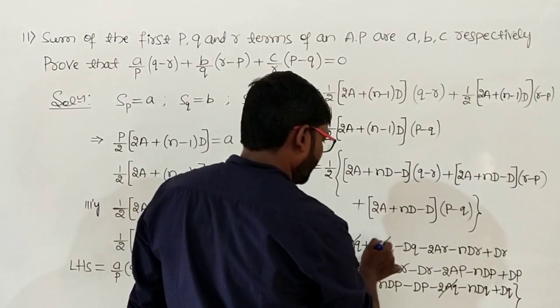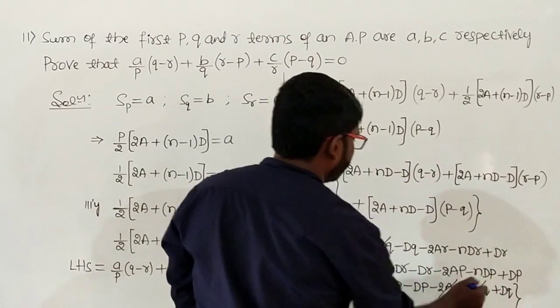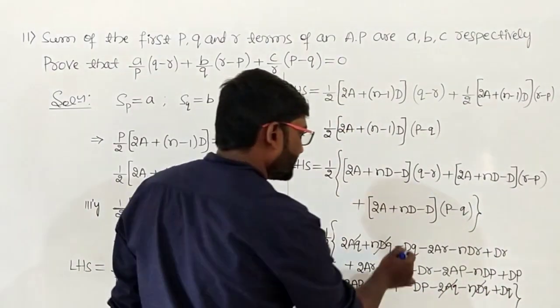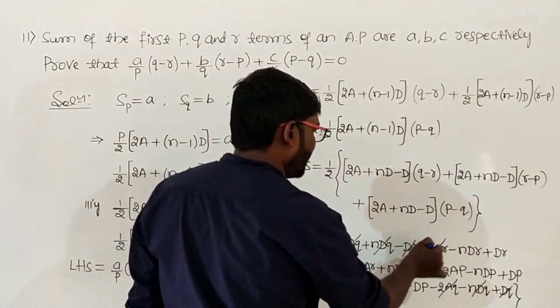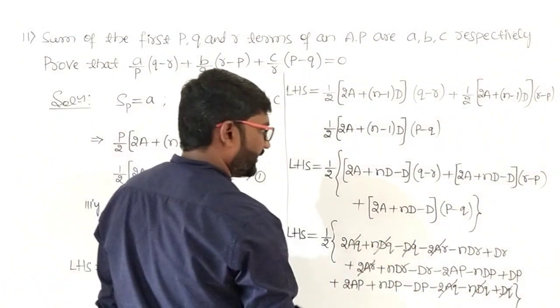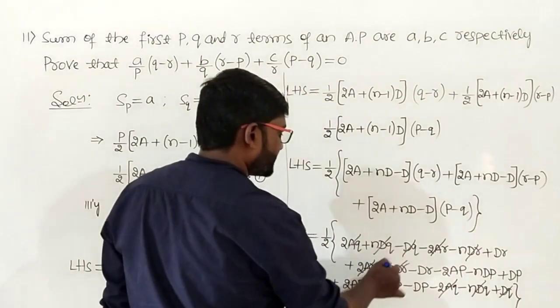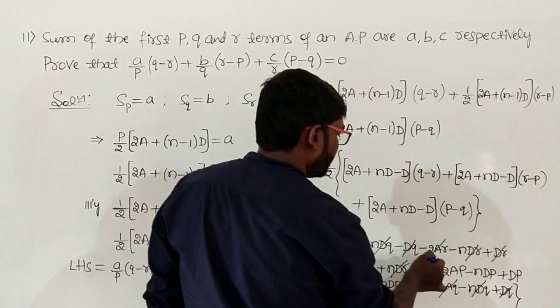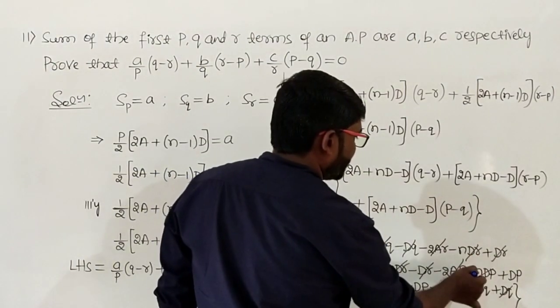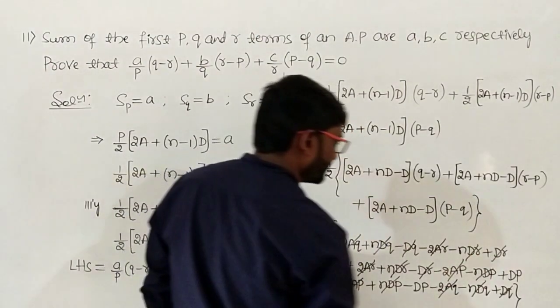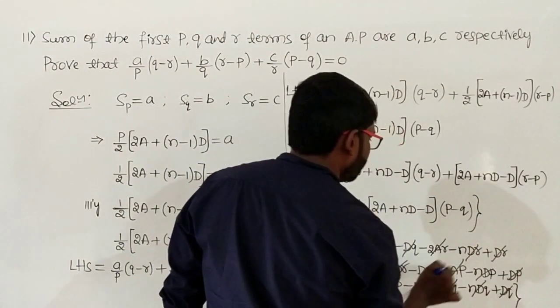So ndq and then minus ndq get cancelled, and then minus dq, so plus dq get cancelled, minus 2ar and plus 2ar, minus ndr plus ndr, plus dr minus dr, minus 2ap plus 2ap, minus ndp plus ndp get cancelled, dp and minus dp get cancelled.